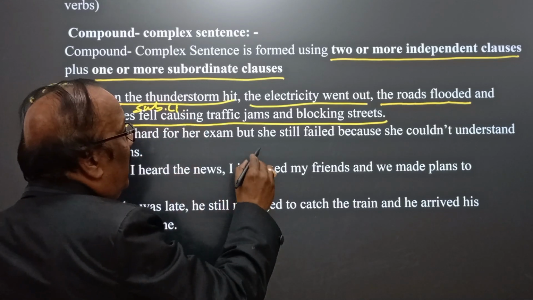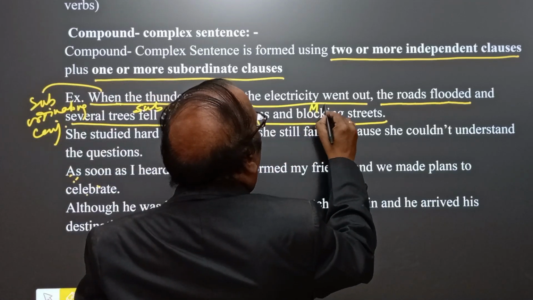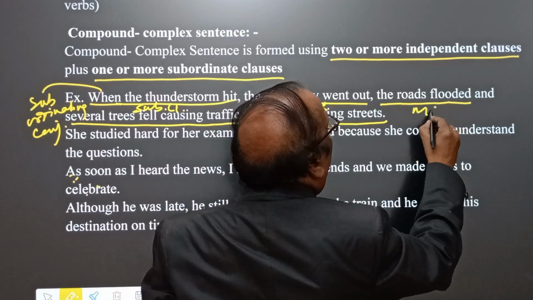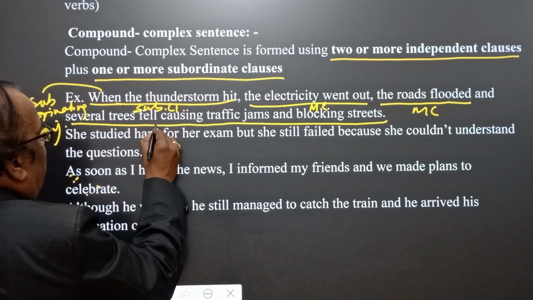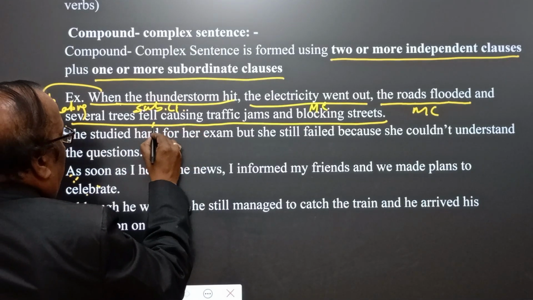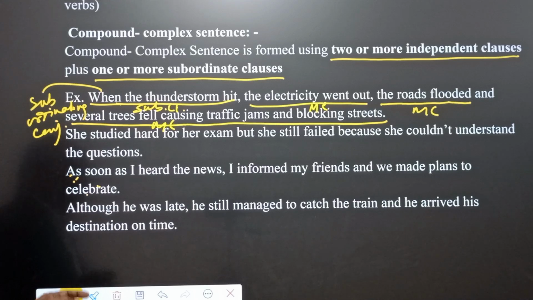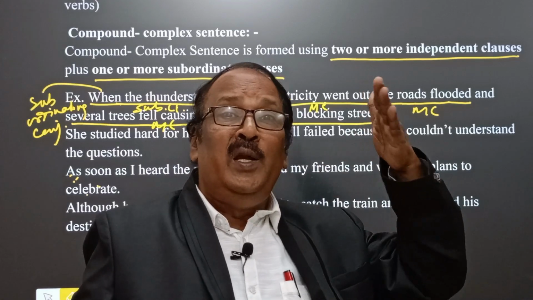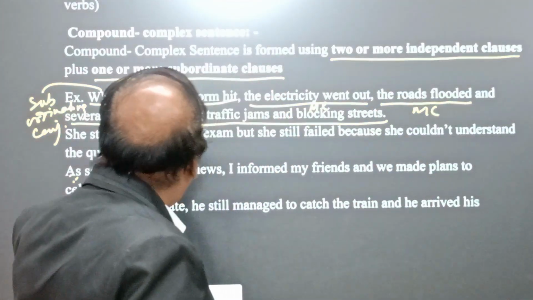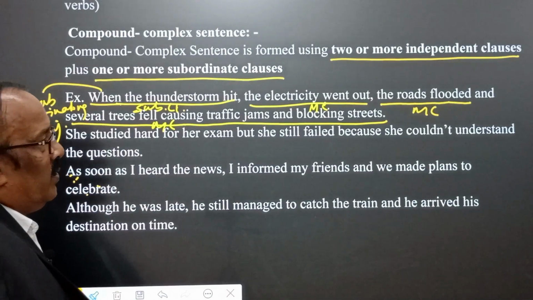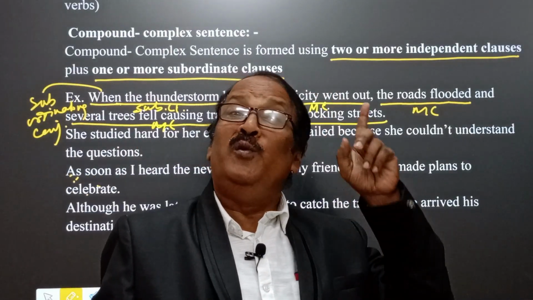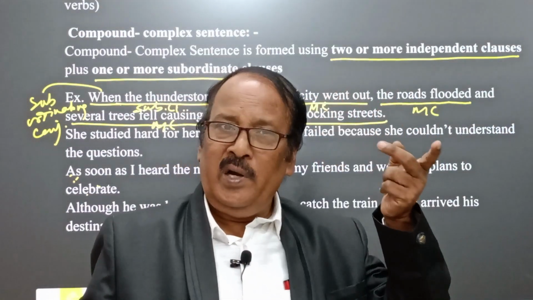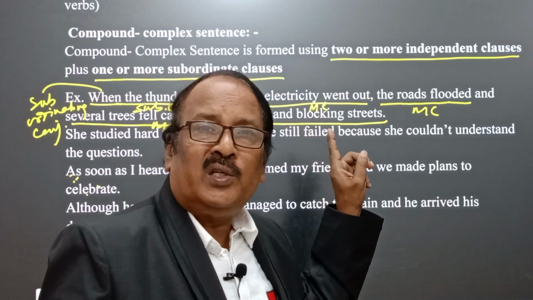And electricity went out, main clause; the roads flooded, main clause; and several trees fell, causing, here main clause. So you see three main clauses are there, and one subordinate clause. Here we have four clauses in one sentence, but three are independent, one is dependent or subordinate.